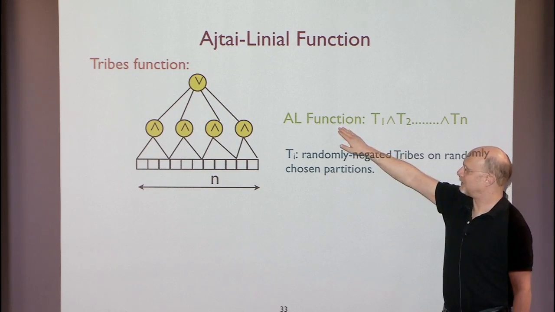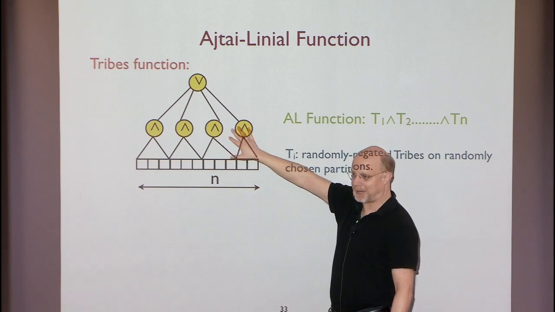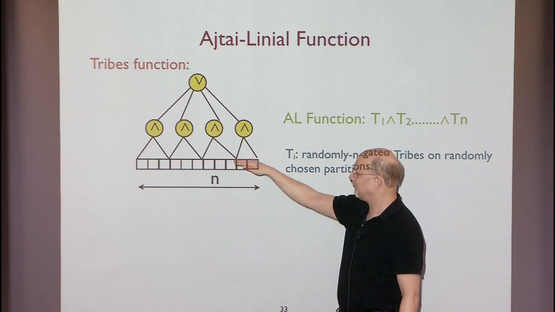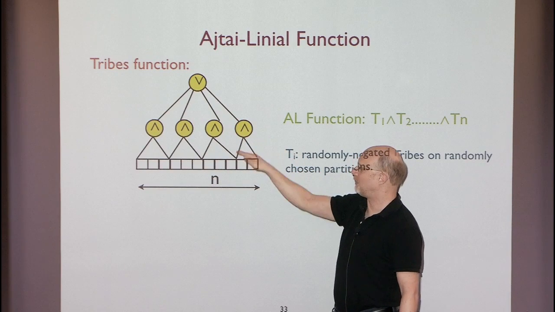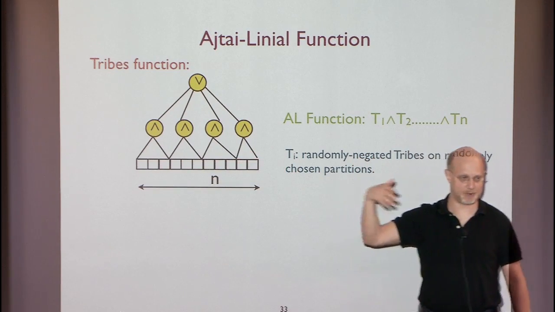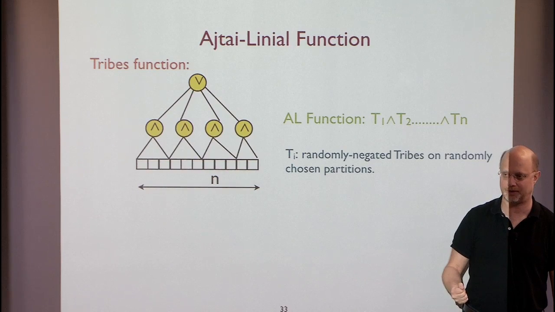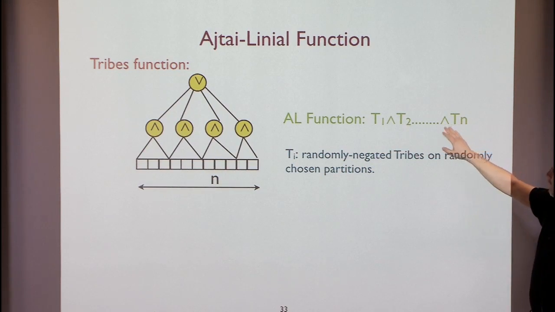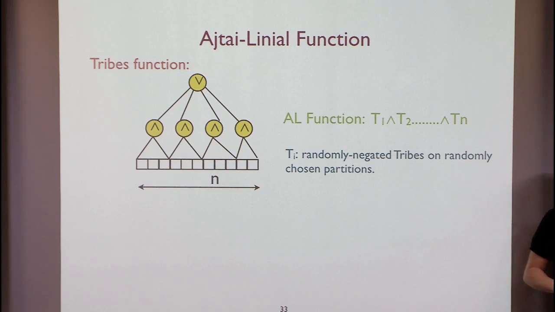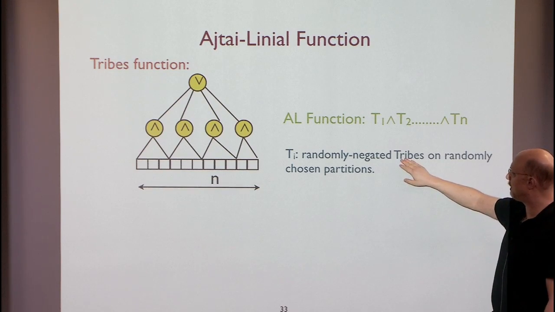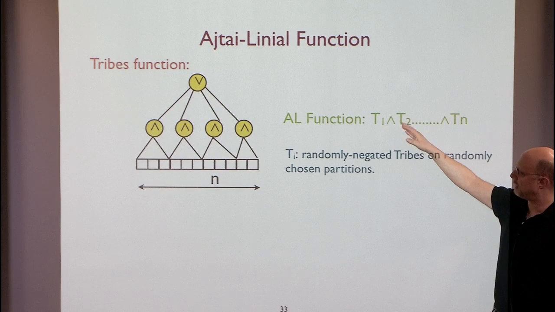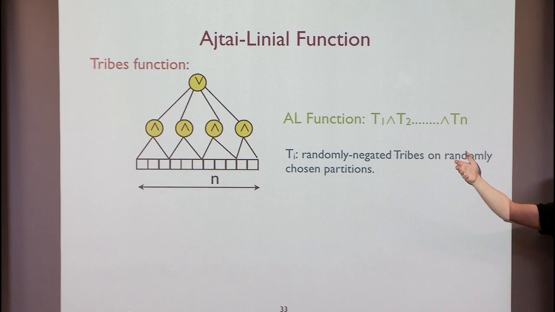And the Ajtai-Linial function: a tribe by itself is quite bad, because if an adversary just controls all the bits of an AND, it can just set all those bits to 1 and then control the function. So it would need only order log n bits to control the function. But the Ajtai-Linial function is an AND of about n tribes functions. First of all, they're randomly negated, so some of the variables in them are negated.